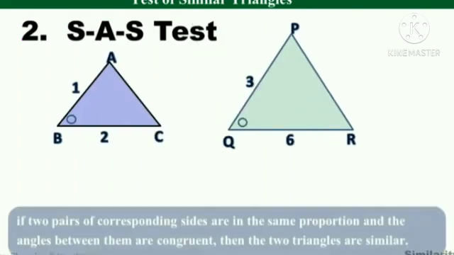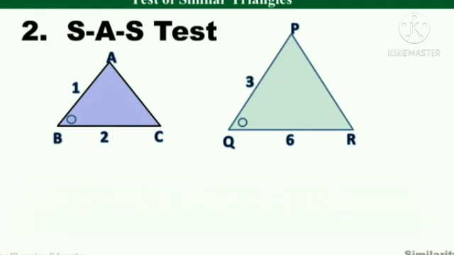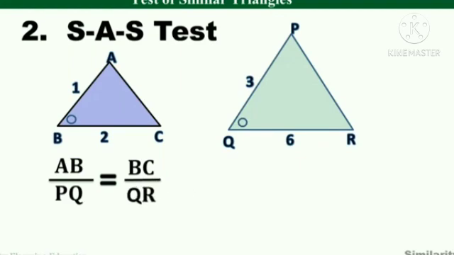When we come to the SAS axiom, we know that in two triangles, if two pairs of corresponding sides are in the same proportion and the angles between them are congruent, then the two triangles are similar. In this figure, you can see two sides are correspondingly in the same proportion and the angles between them are correspondingly equal. So if we find the ratios, you will get AB by PQ, and it will be equal to BC by QR.